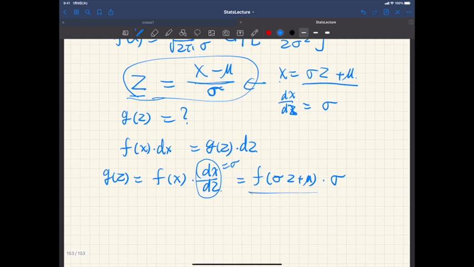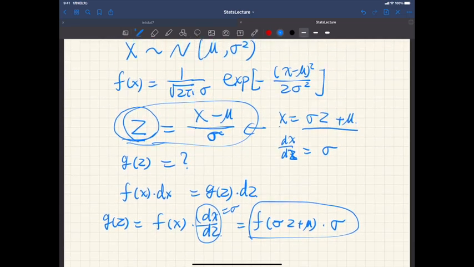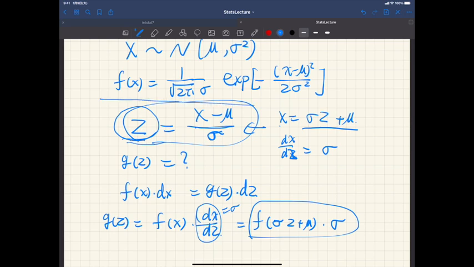So this should be the density function of this random variable z. Let's try to calculate this. We use this f of x here.